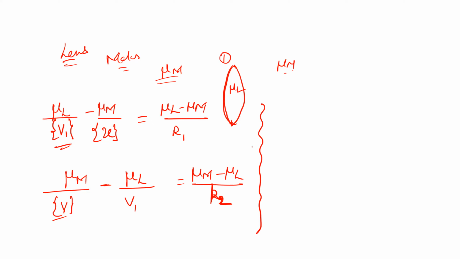Now add both of them. If I take common, it will become mu L minus mu M by R2, right? Just take common there and add them.